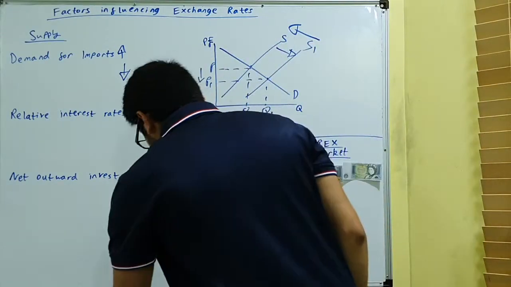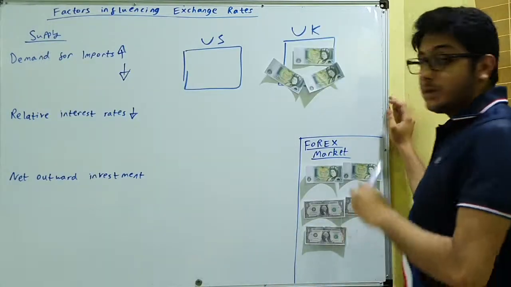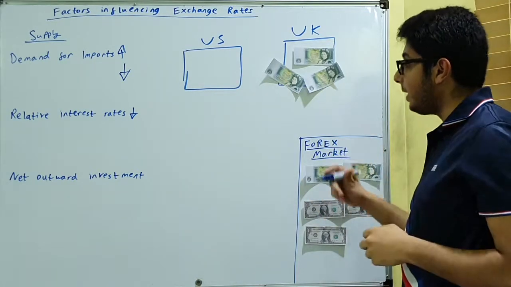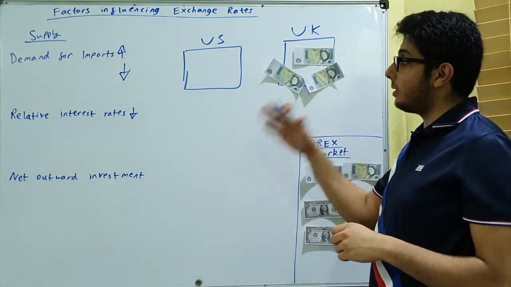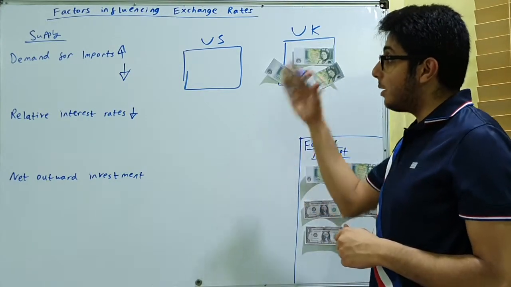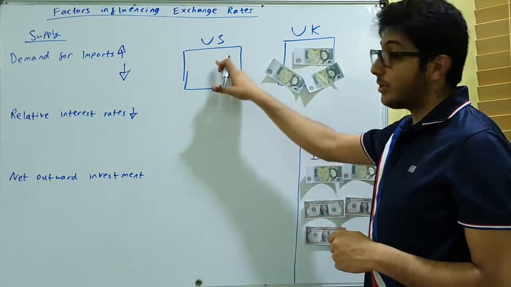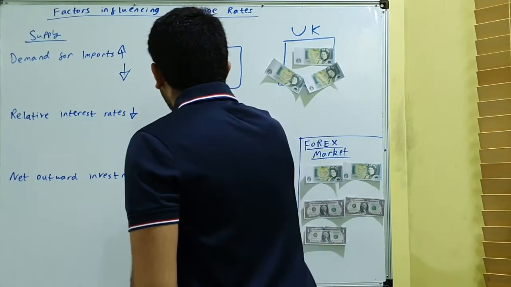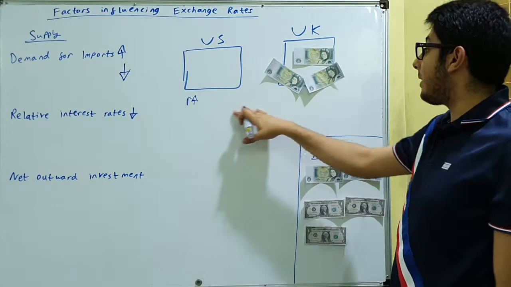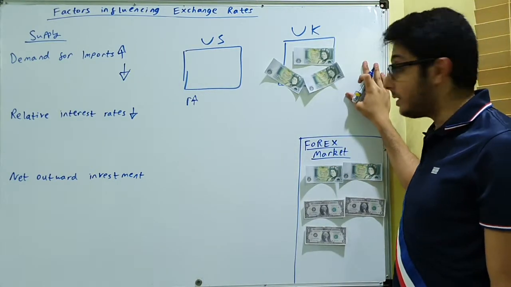Okay? Relative interest rates. So here we have a UK bank and we have a US bank. Okay? Again, we're looking at this from the point of view of the UK, using the same scenarios that we used when looking at the demand of the currency for the US. So, relative interest rates in the US increase in comparison to our interest rate in the UK.